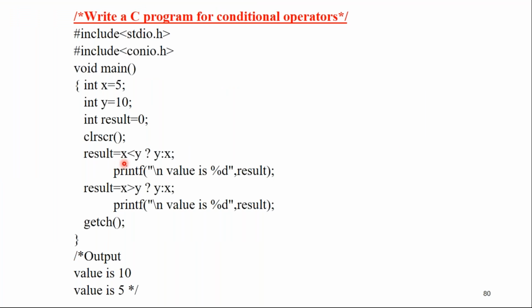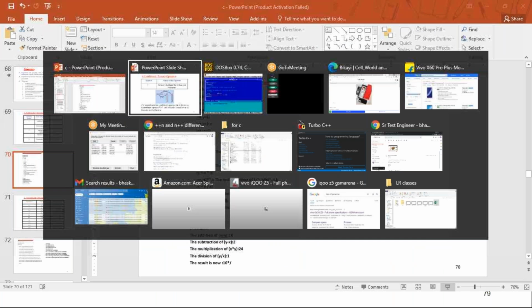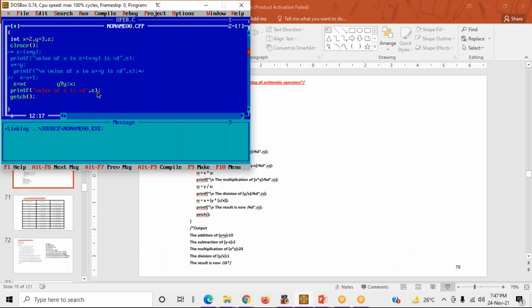See, if x value is less than y, what should be done is the expression. If it is true, the first operand will be displayed. If not, the second operand will be displayed. So the result of x less than y will be moved to z.